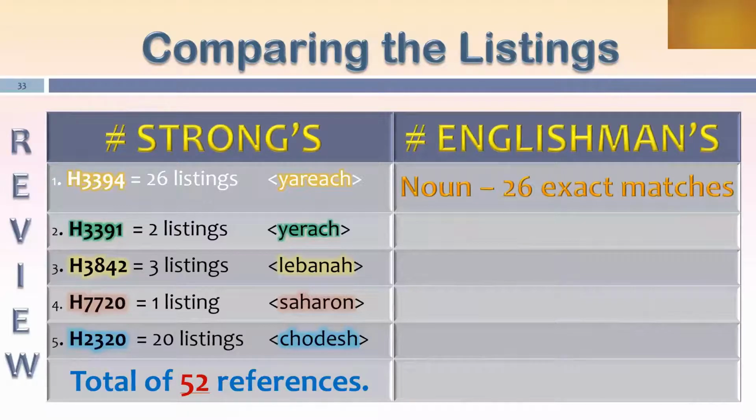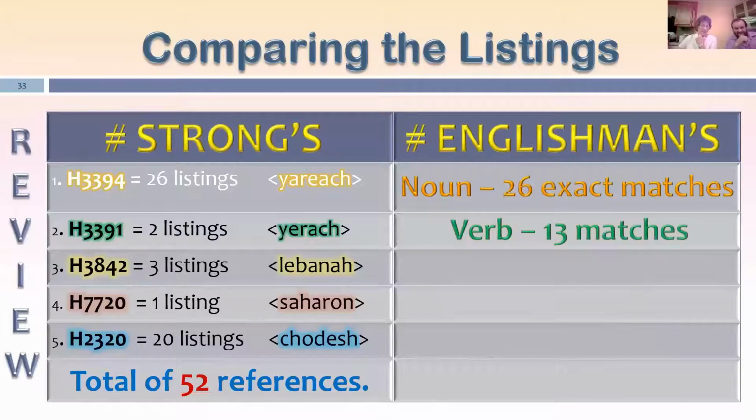11. There were 11 is part of the answer. And then 2 more was moon. And so what would we have all together? 13. There you go. That's 13 matches. That's right. Okay, 3842 is also another word number for moon or moons, the color, Labana. There were 3 listings.